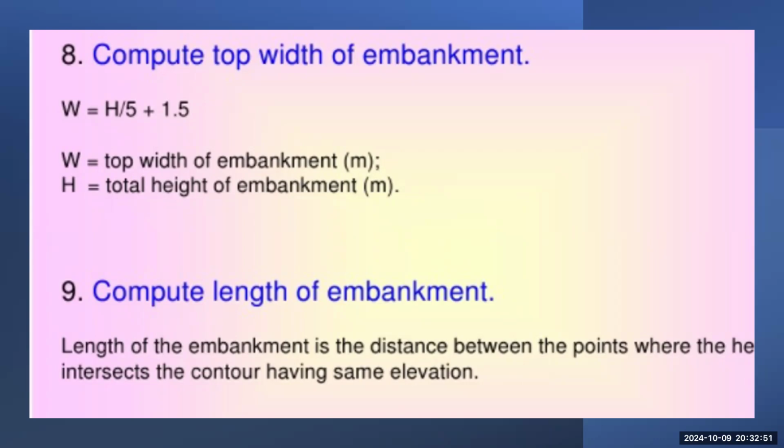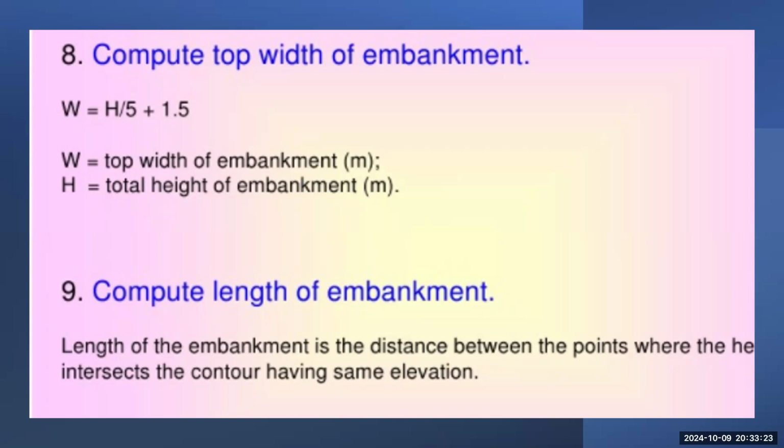Then the length of the embankment. The length of the embankment again depends on the topography of the area. When we say length of embankment, this embankment is at the same elevation on the left bank and right bank. So consider the points which are normal to the drainage line and which cross the same contour having the same elevation.